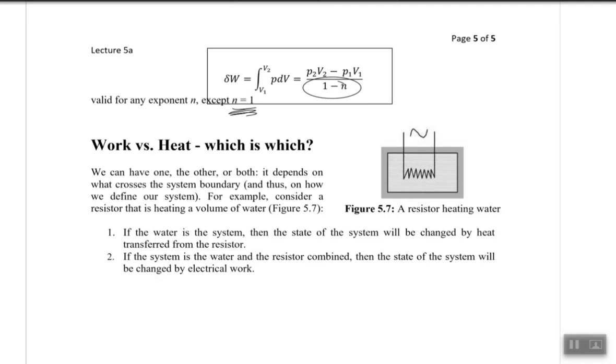For example, let's take a resistive heater. This is what we normally have in our home. A water heater, you just put the heater inside the water to heat the system.